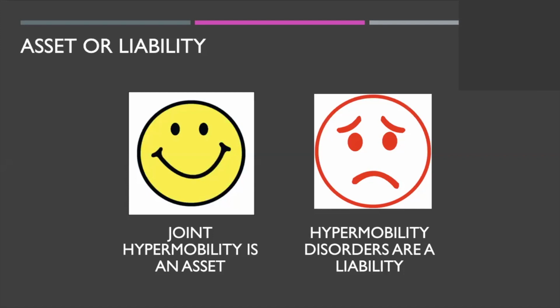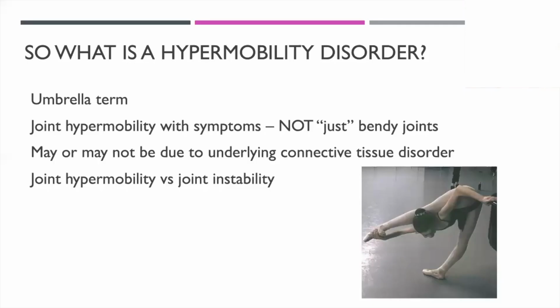However, hypermobility disorders themselves are a liability. And what is a hypermobility disorder? This is an umbrella term that we use to describe hypermobility with symptoms. It's not just simply bendy joints. It may or may not indicate an underlying connective tissue disorder, and it's important to recognize the difference between joint instability and joint hypermobility.